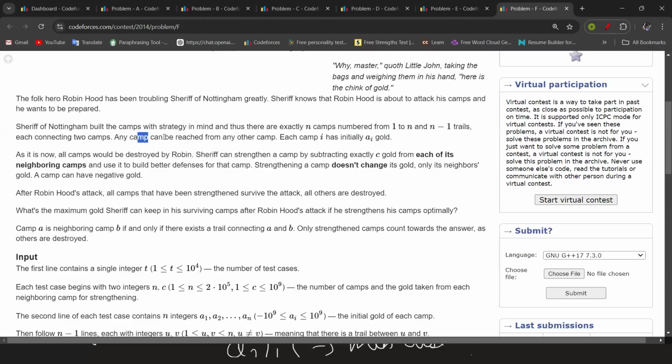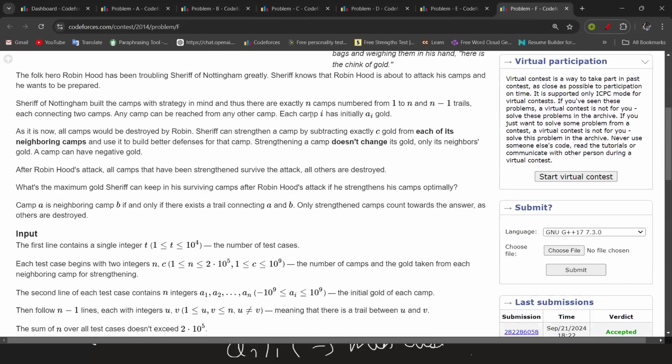But since it's given that any camp can be reached from any other camp, that means all are connected. And a connected graph with n minus 1 edges is a tree. That's the definition of a tree. So we are given a tree here, and each camp i has a_i gold. So every vertex has some value a_i. These are the amount of gold that is present in every vertex.